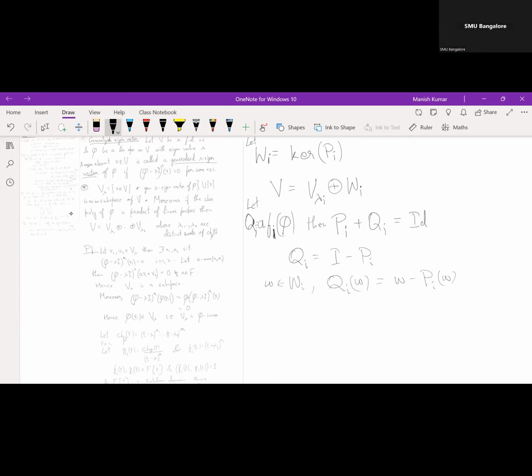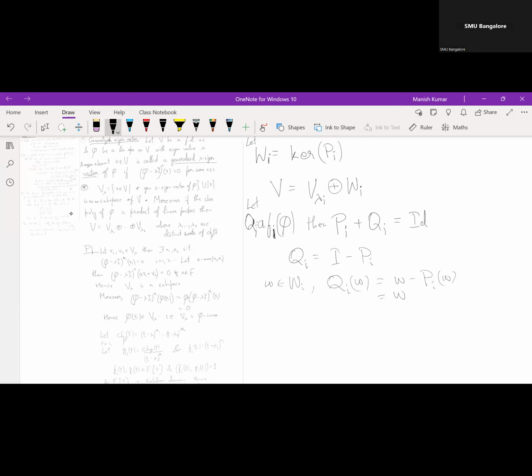So anything which is in W_i will go to 0, yeah. So this is just w, yeah. So that tells you that basically we have decomposed the map itself, identity, as P_i plus Q_i, yeah. So you get that Q_i of w is w. So that tells you that anything in W_i is in the image of Q_i, yeah, because Q_i pretty much on W_i is identity, yeah.